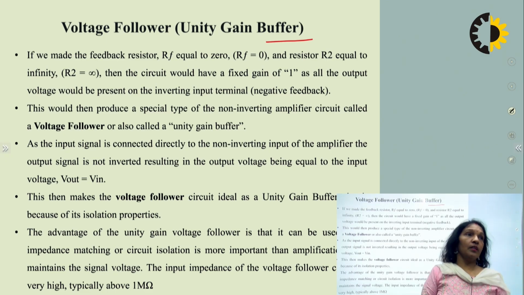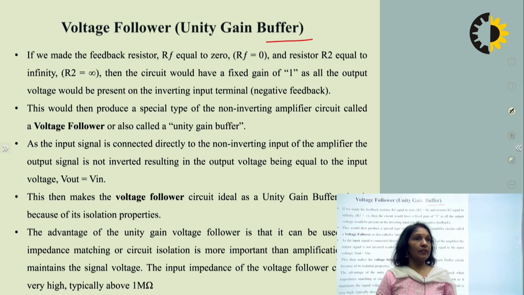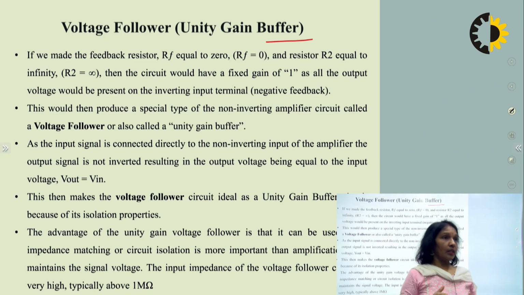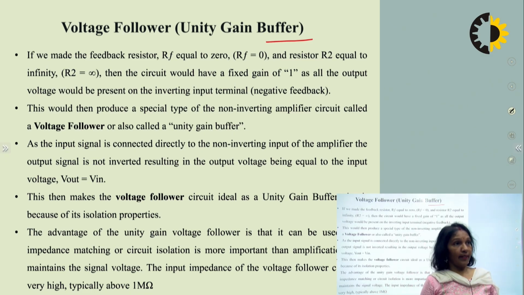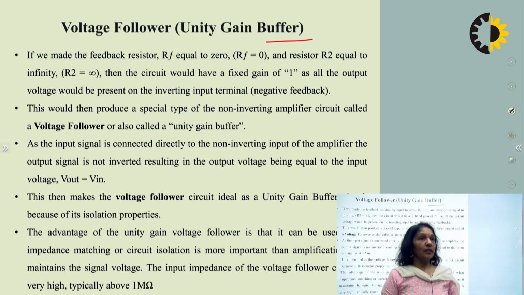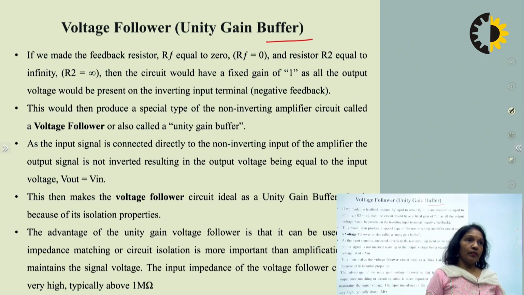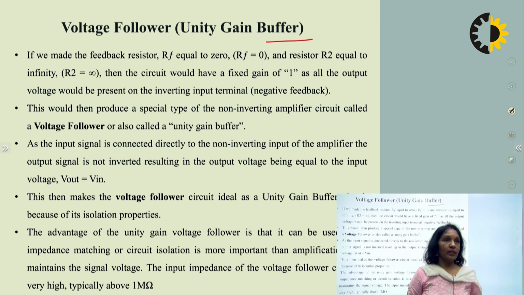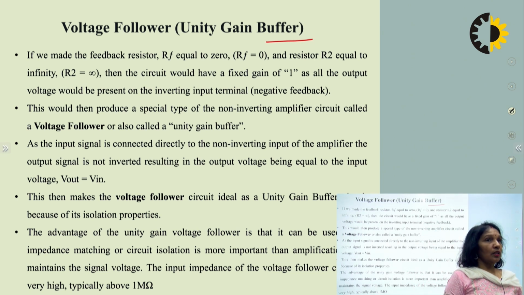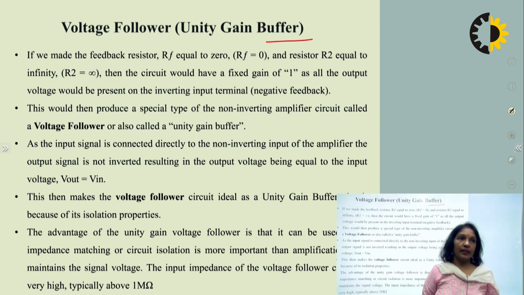So if the feedback resistance RF is equal to 0 and the input resistance is infinite, that means open circuit, then the circuit would have a fixed gain of 1, and the output voltage will be present at the inverting terminal of the amplifier.